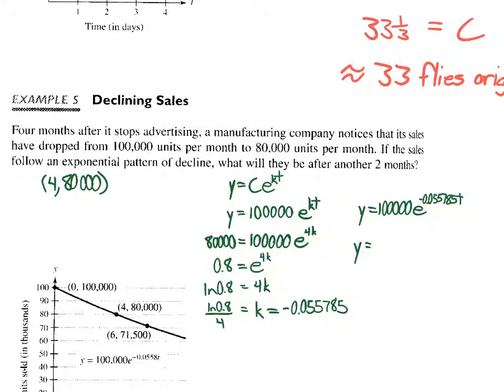Alright, so it's 100,000 e to the negative 0.055785 times 6. Alright, and what do we get there?